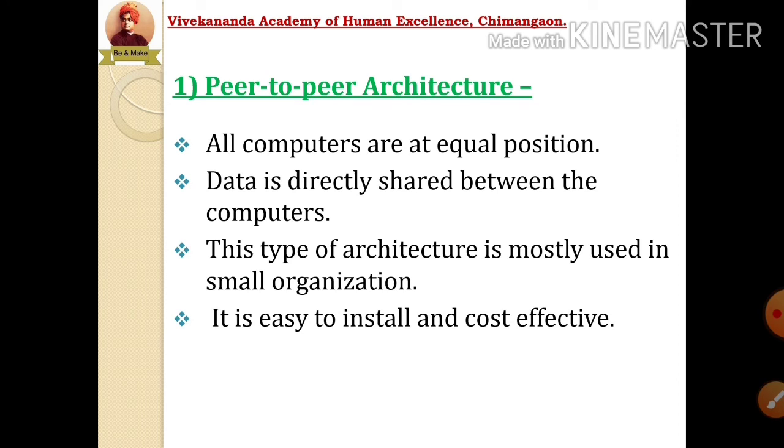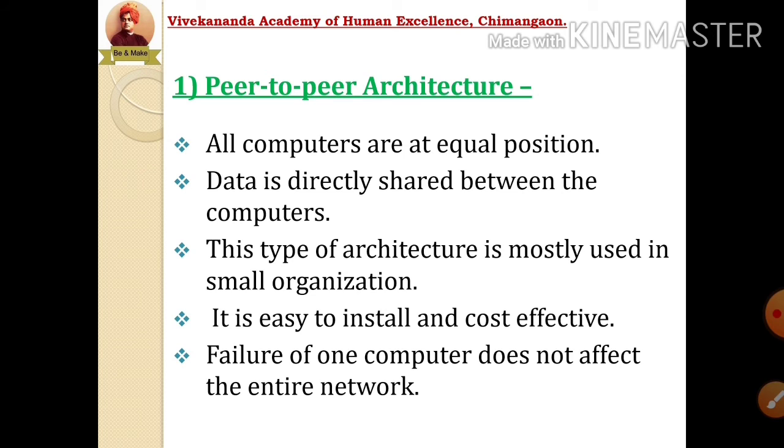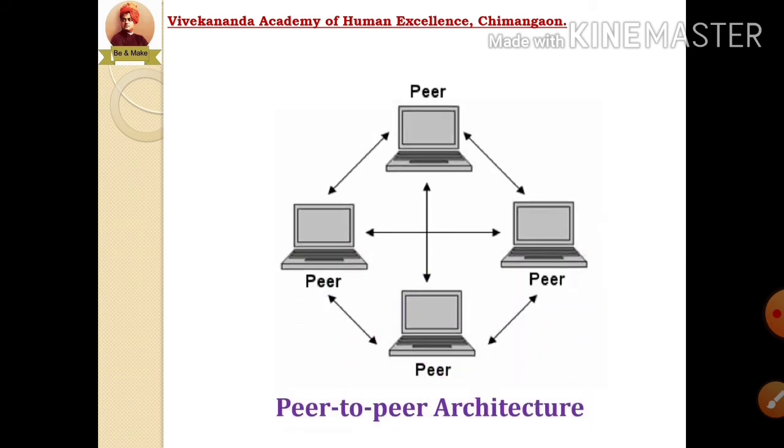As the organization is small, definitely they will go for the cost effective network. The best part of this architecture is that if any one computer fails, it does not affect the entire network.